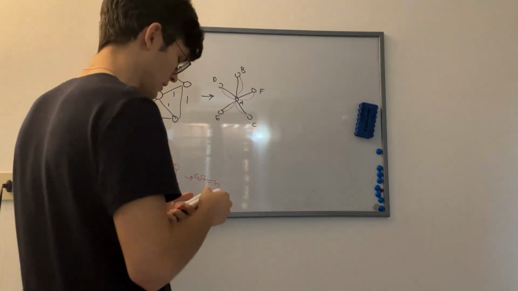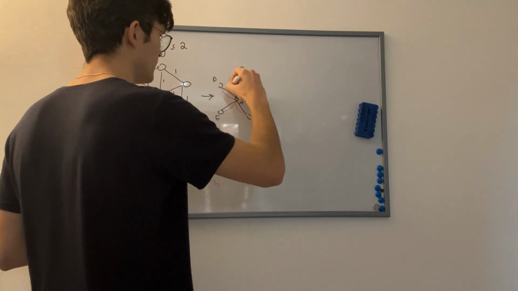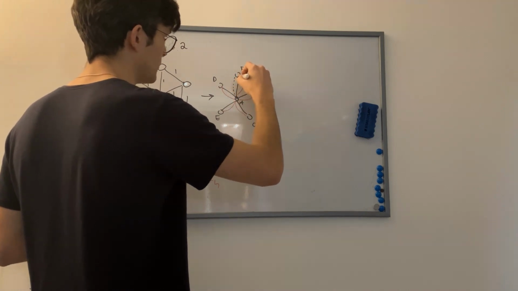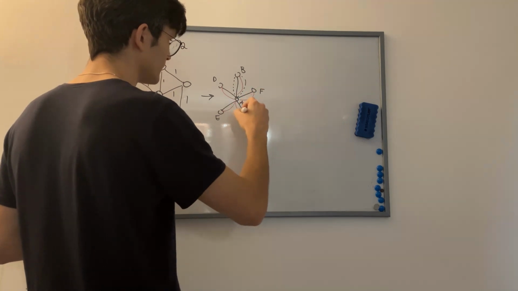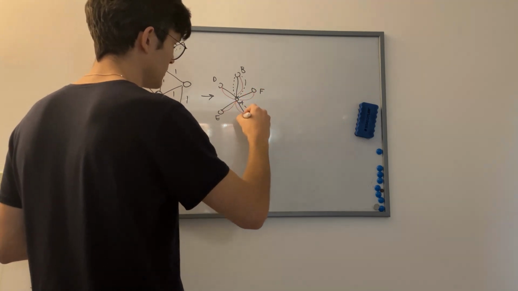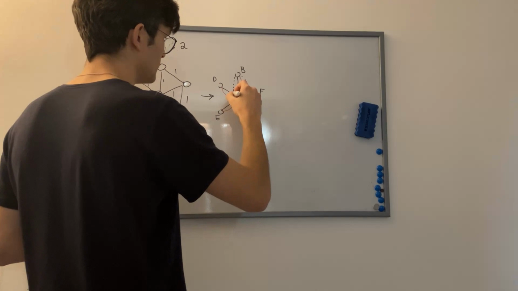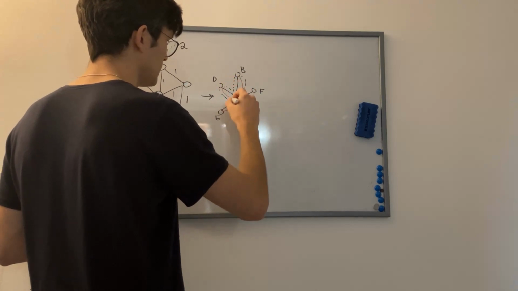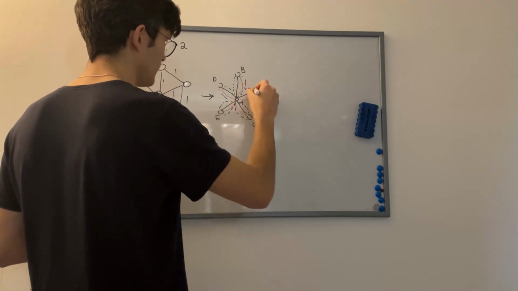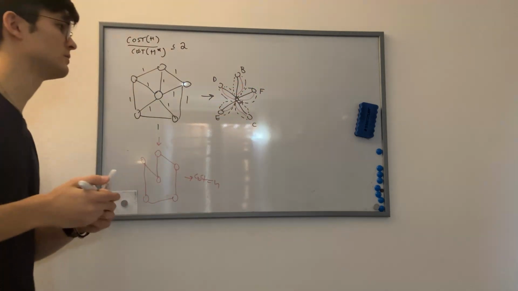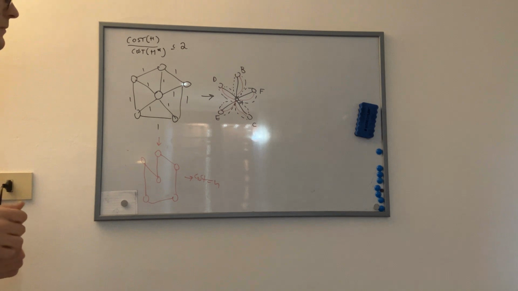So what our Eulerian tour will do is go there, then come back to A, then go to C, come back to A, go to D, come back to A, go to E, come back to A, and go to F, and go back to A. Okay, so kind of easy.